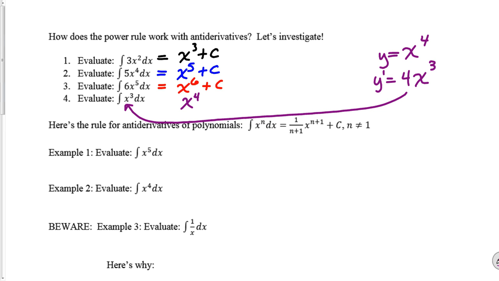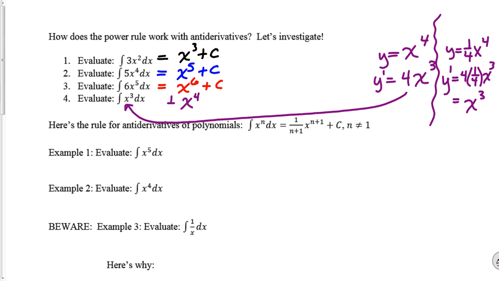So how am I going to get rid of that 4? What if I had y is equal to 1/4 x to the 4th? When I take that derivative, I would have 4 times 1/4 x cubed, and my 4 times 1/4 turns into a 1, and I do end up with x cubed. So this one needs a 1/4 in front plus c.